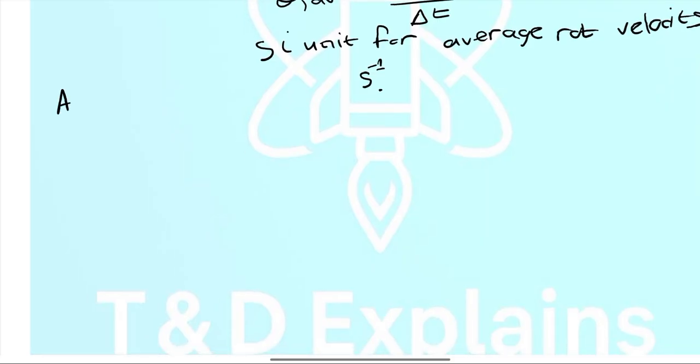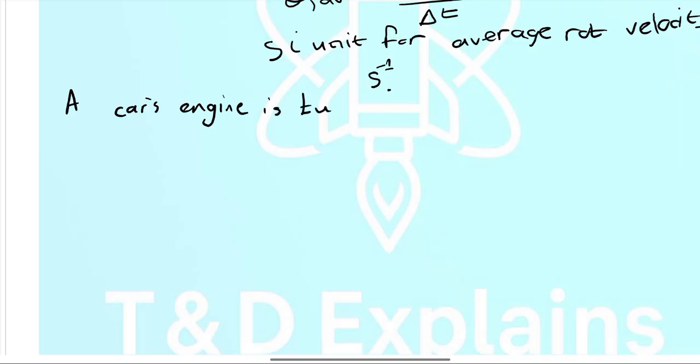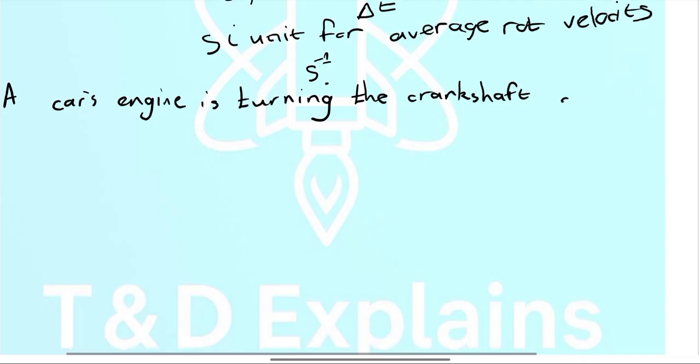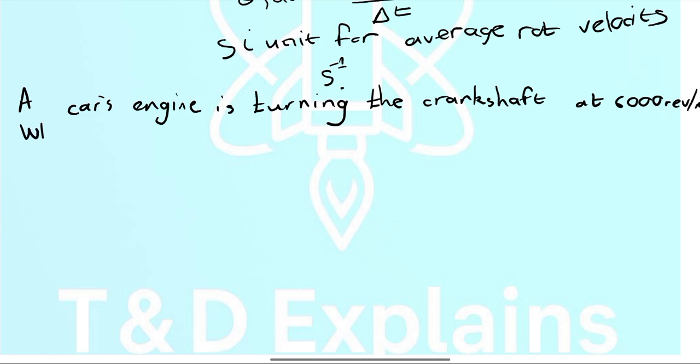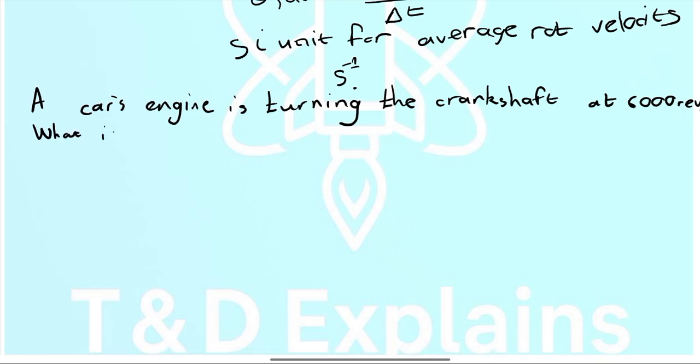It says a car's engine is turning the crankshaft at 6,000 revolutions per minute. The question asks, what is the rotational speed?